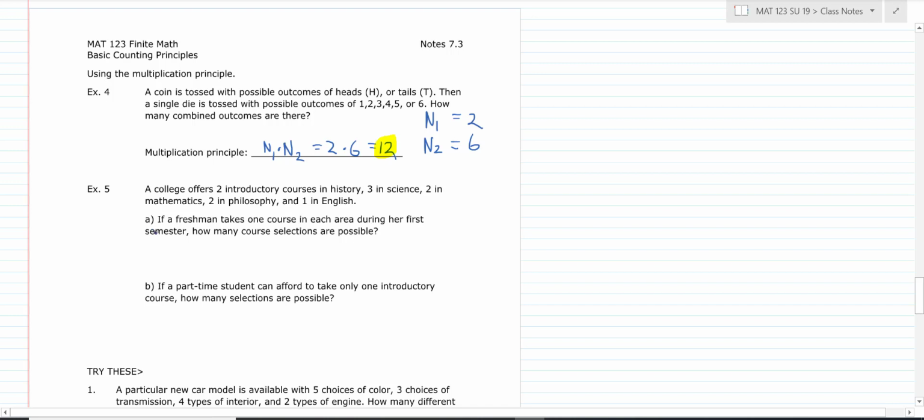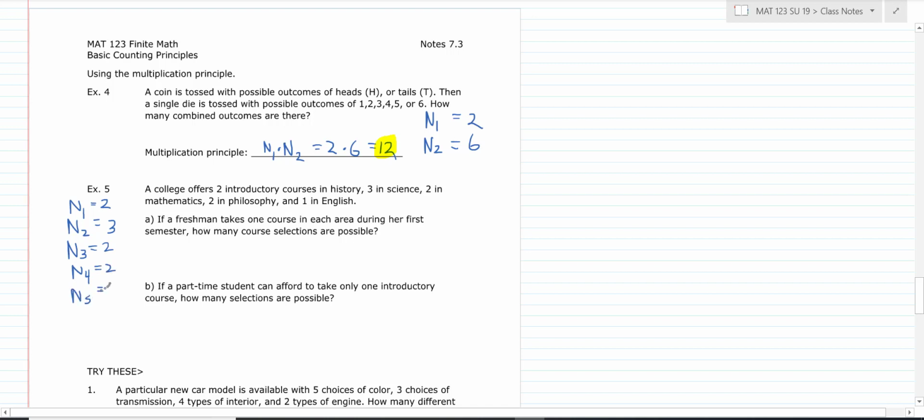How many schedules are possible? Well, N1 is 2 courses in history, N2 is 3 science courses, N3 is 2 math courses, N4 in philosophy is 2, and 1 in English.